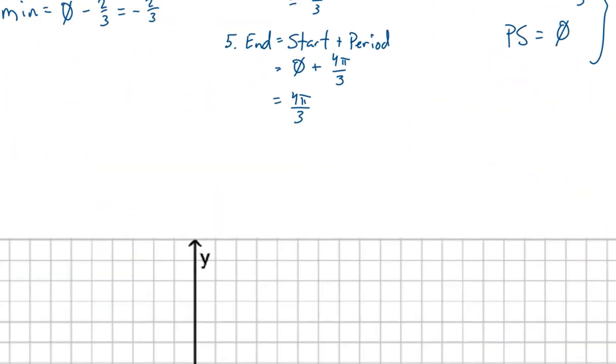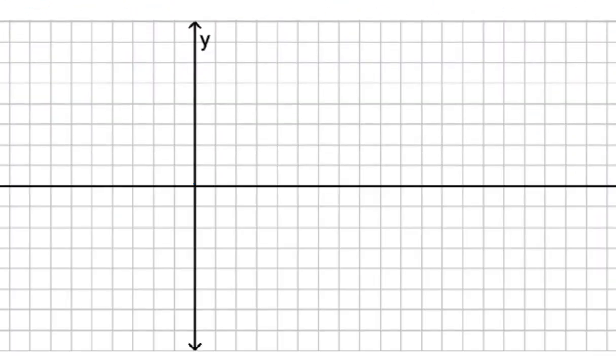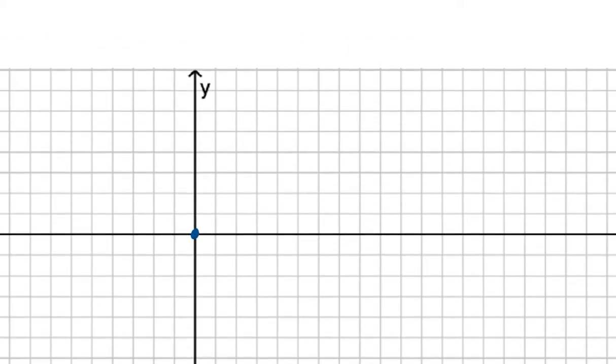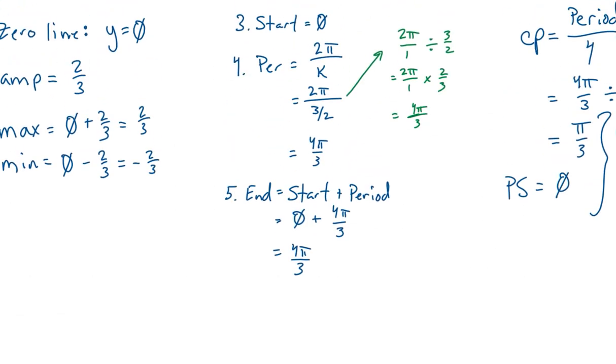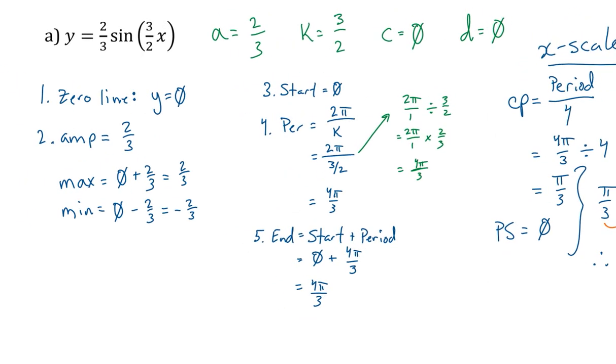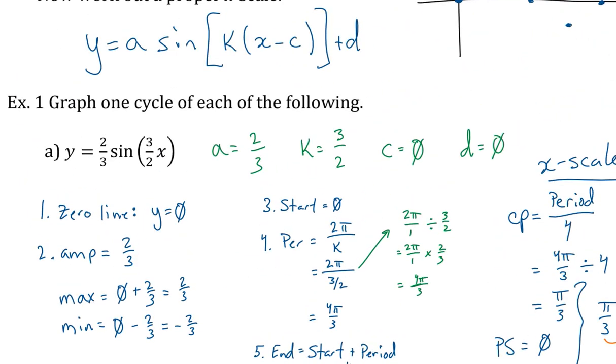So in this case, my first point is (0, 0). I can pretty much guarantee that it won't be that easy on the test. We're starting with the simple one. Now I go back and check that I'm doing the right one. I am doing sine, that's correct, and it's not flipped. There's no reflection.